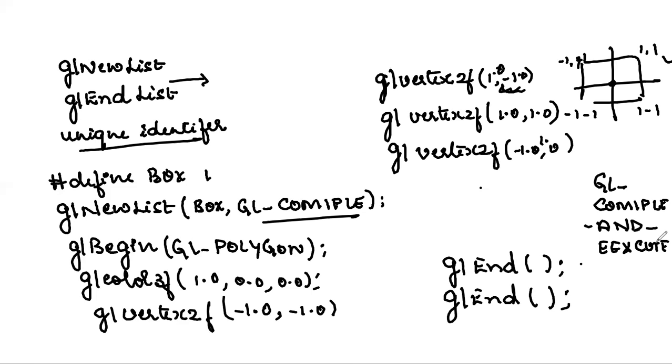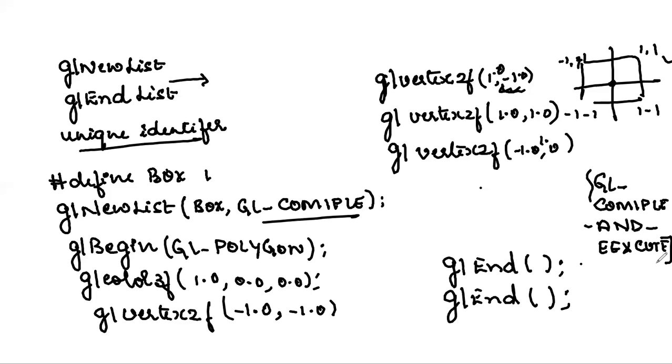Basically, this can be used to immediately execute the instructions while the list is being constructed. But on the other hand, with GL_COMPILE it only generates the list and compiles it, but does not display it on the screen while it is being constructed.